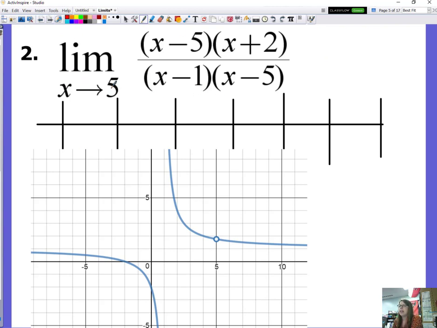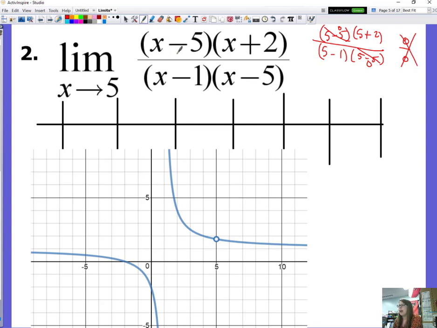another equation. If I plug this in, this would be 5 minus 5 on top, 5 plus 2, and 5 minus 1 on the bottom, and then 5 minus 5. So what ends up happening is this is 0, and this is 0, and it would end up being 0 over 0, which doesn't tell us anything. It's not helpful.